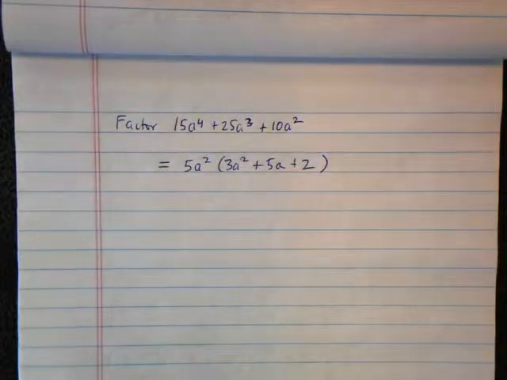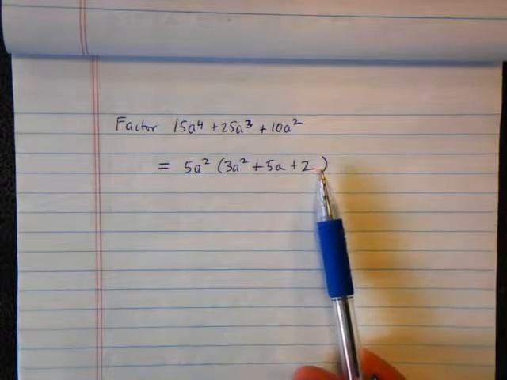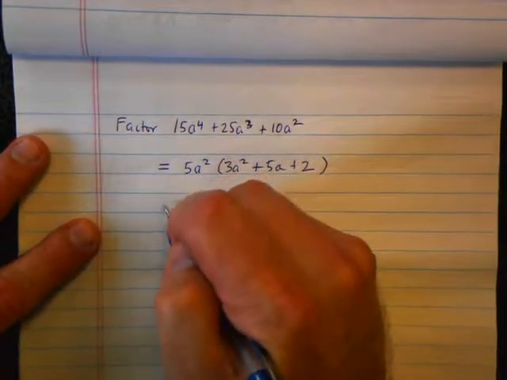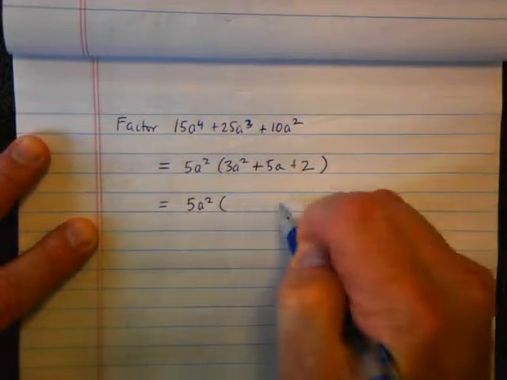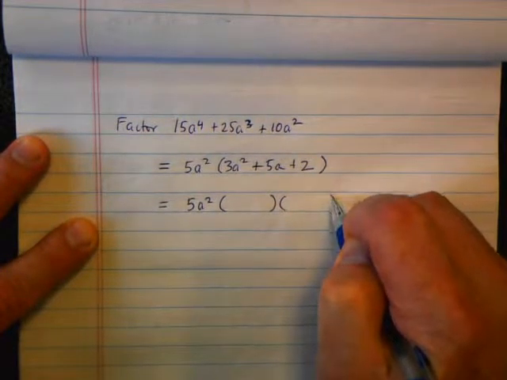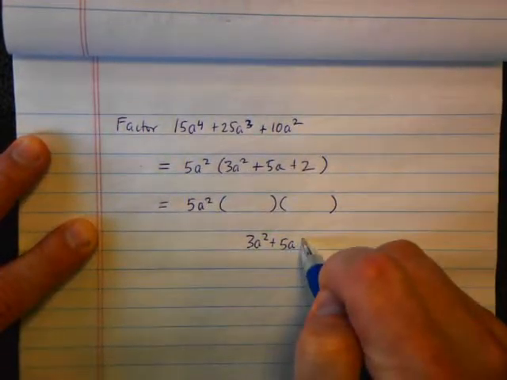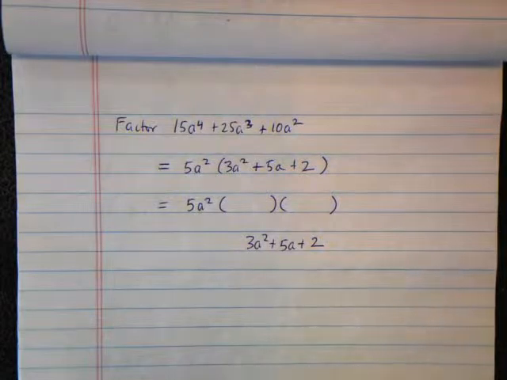Maybe, but probably not. Why do I say probably not? I have a trinomial here. Trinomials usually factor more. So what I like to do with these is write this 5a squared down, and then write down my final answer, and I'm going to come off to the side and factor 3a squared plus 5a plus 2.